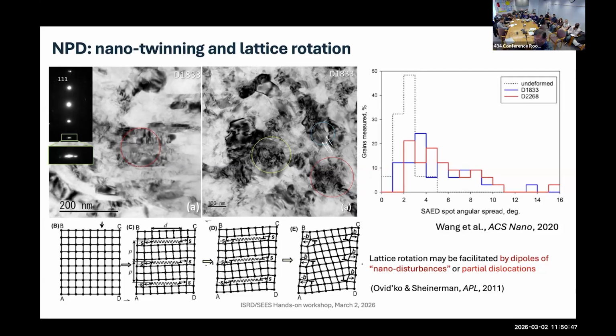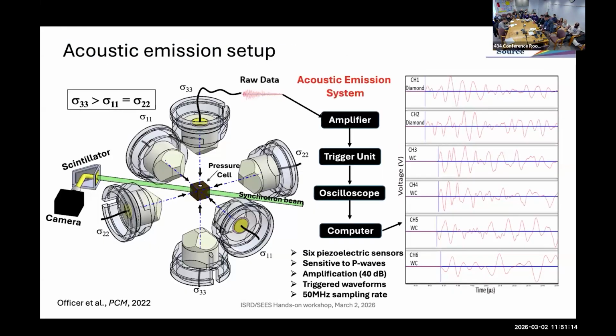They always appear in pairs. If you look at the TEM electron diffraction, you see these peaks get very, very broad. The distribution of the diffraction spots is spread out due to these disturbances. And this is the only material that I know of that has this behavior. I hope that we can find some more examples of this.